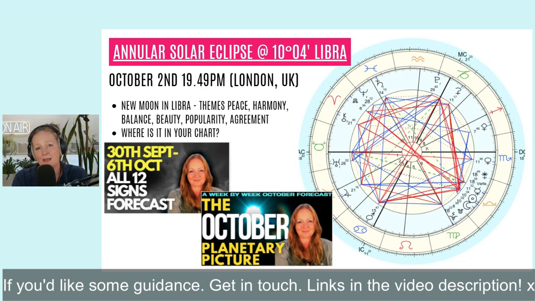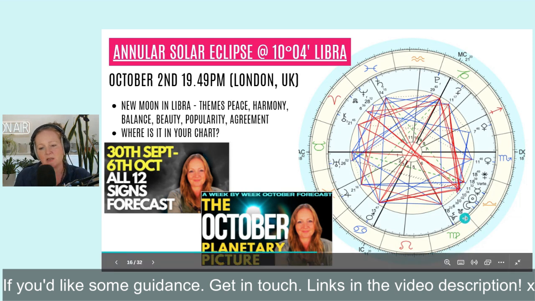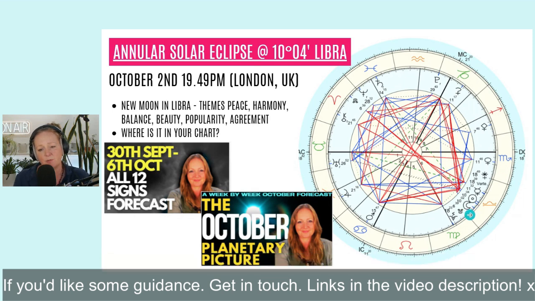Now, I've had a look back in history books, and I've gone back to see when the last solar eclipse was in the sign of Libra, or where they were in recent times. Obviously, what makes it an eclipse is the proximity to the nodes. We're looking at the annular solar eclipse, which is associated with the south node.